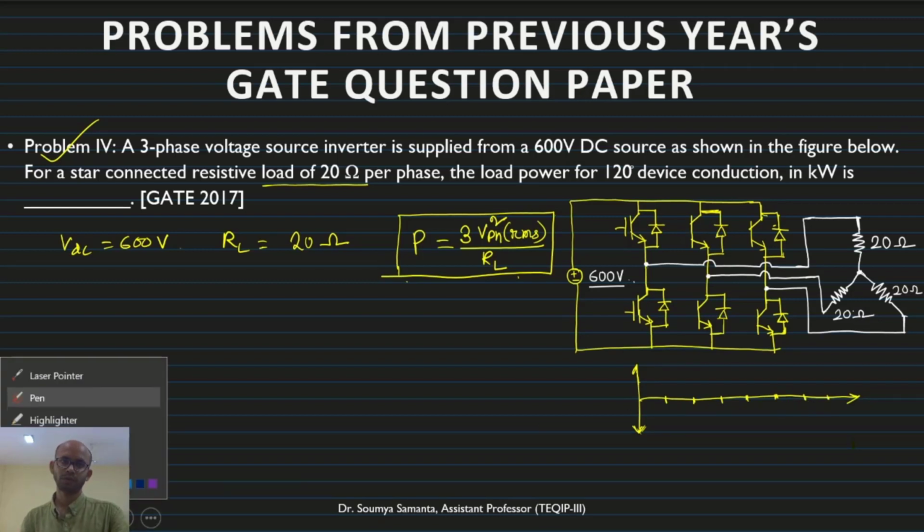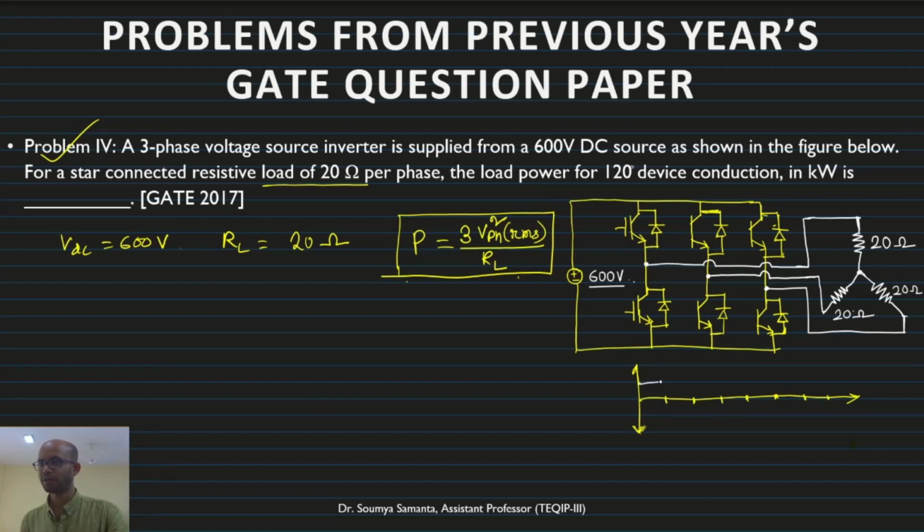Suppose I am drawing one phase. It will start from VDC by 2, stay for 120 degree, go to 0, then again VDC by 2, and continue. This is plus VDC by 2 and this is minus VDC by 2. So this one was the waveform.